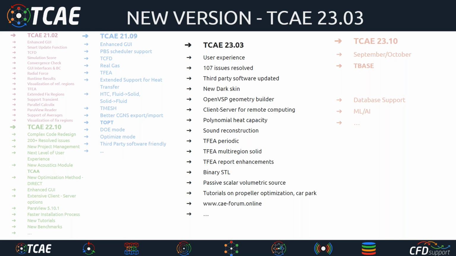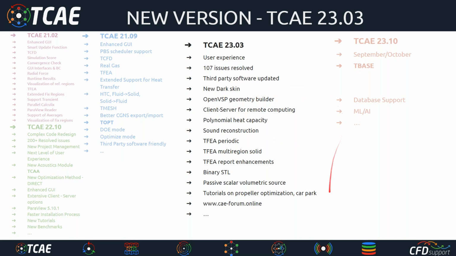So for your information, we have resolved more than 100 issues in our development system. We have updated a lot of third-party packages. There are a lot of them. So there are new versions of all those MPIs and supporting third-party software pieces.